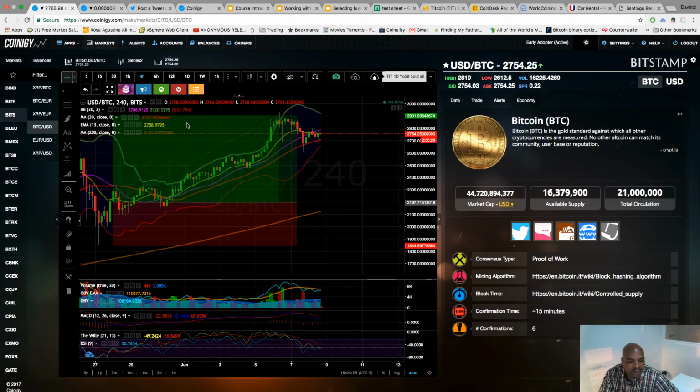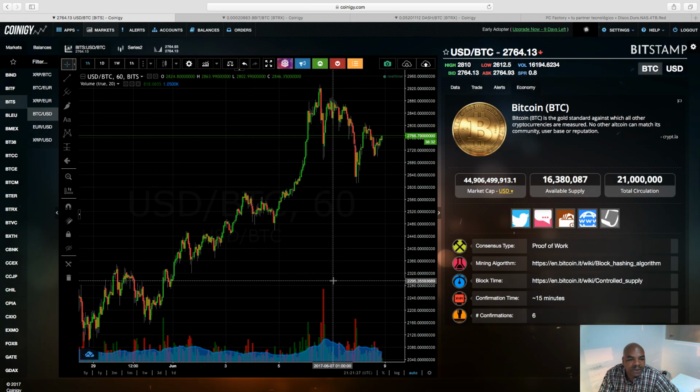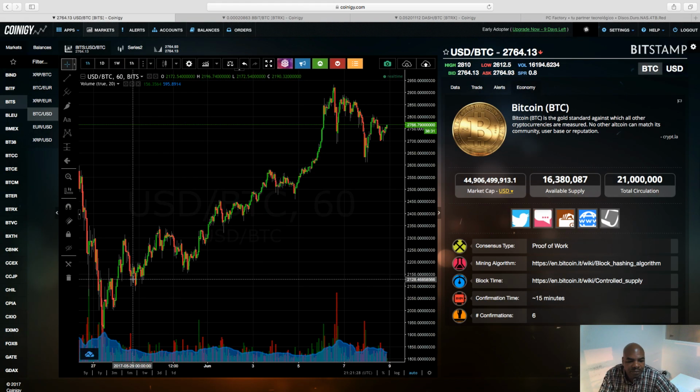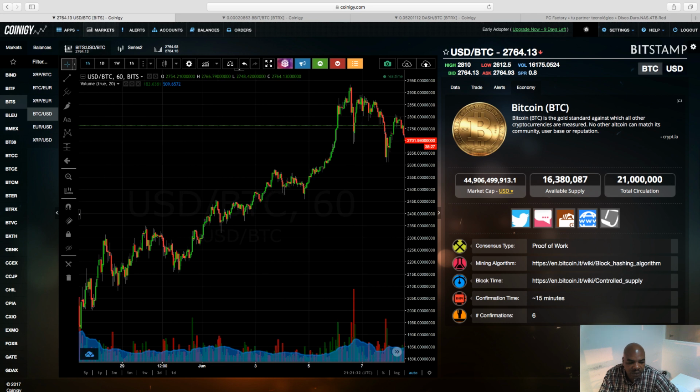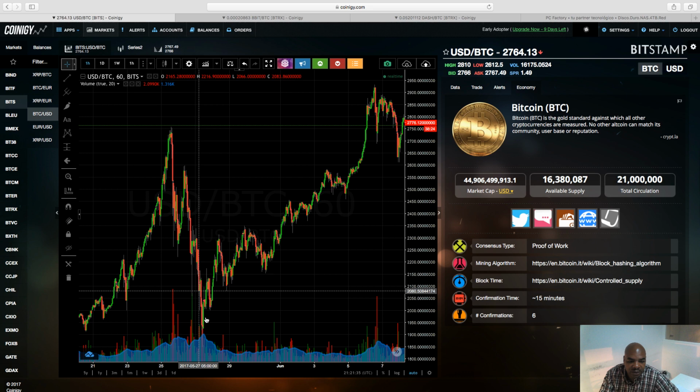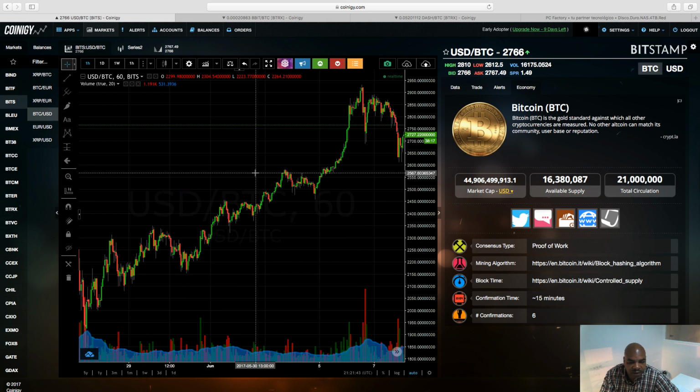I'm going to show you it on the charts here. We can see a nice W forming in Bitcoin that formed right here. I'm going to zoom in on it a little bit better so it's clearer.